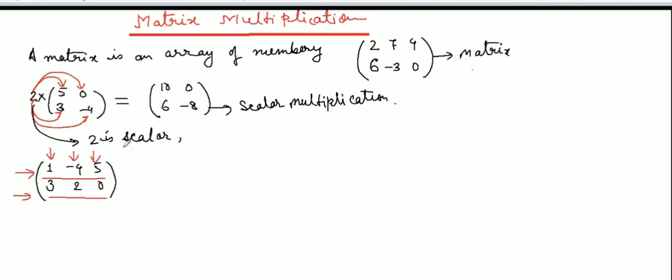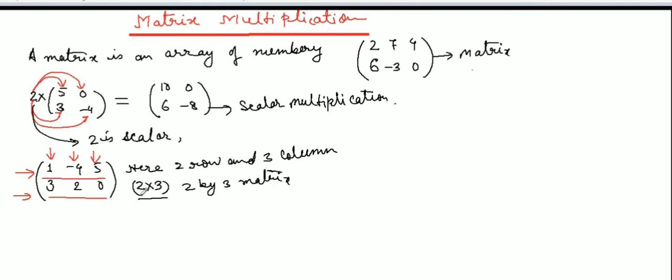So here 2 rows and 3 columns. We will say this matrix is a 2 by 3 matrix, and we will write it this way and read it as 2 by 3 matrix.